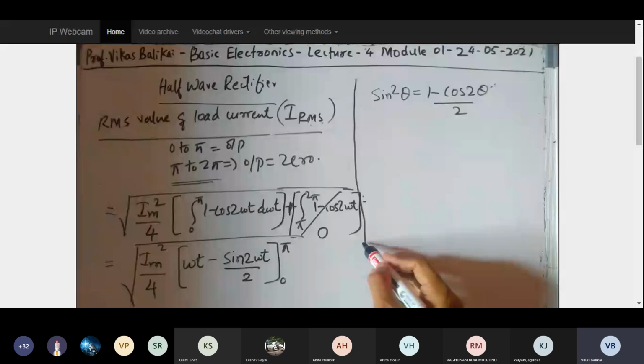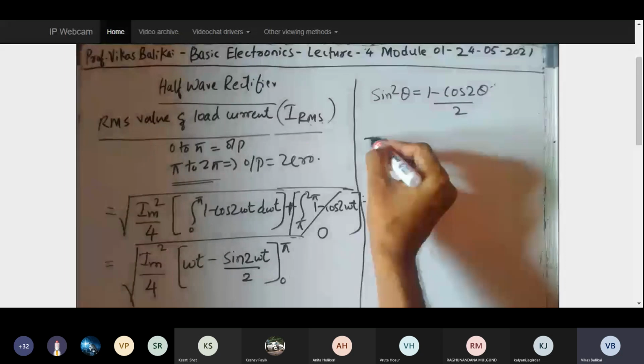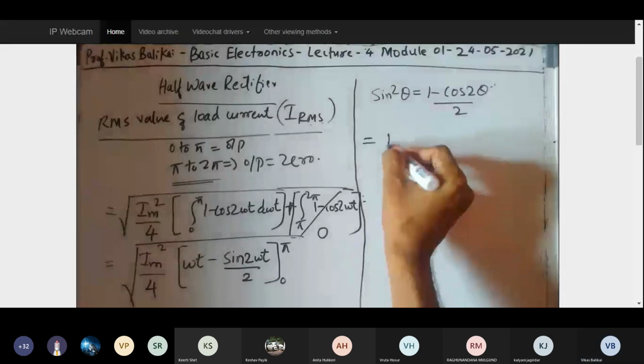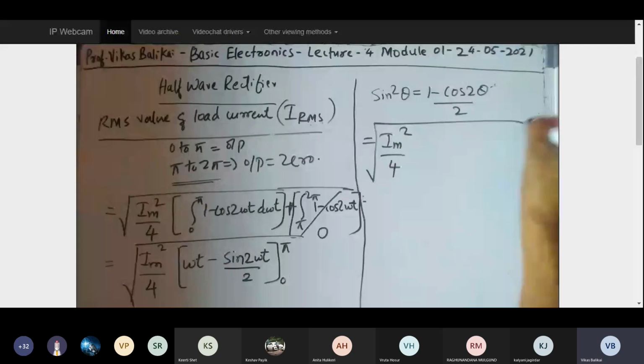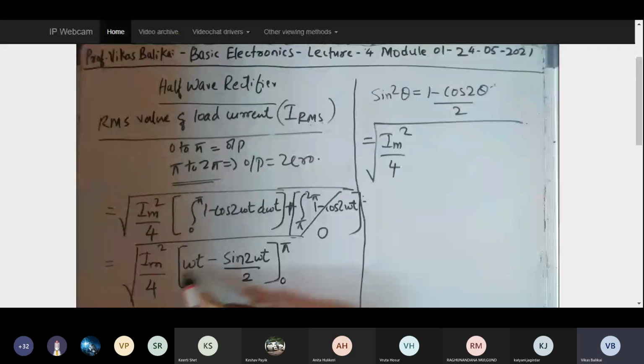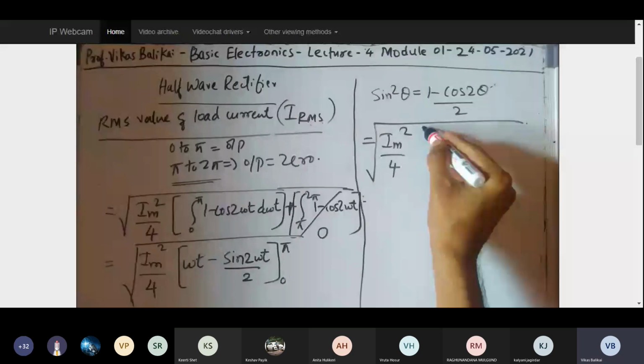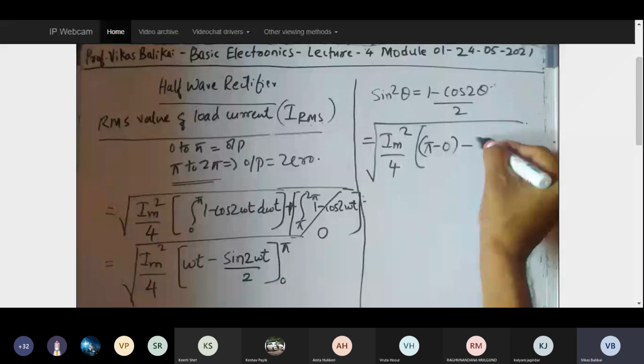So again, this will be Im square by 4. I need to substitute the limits now, since I have done the integration. So omega t goes from 0 to pi: upper limit minus lower limit, minus sine of 2 pi minus sine of 0, whole divided by 2.